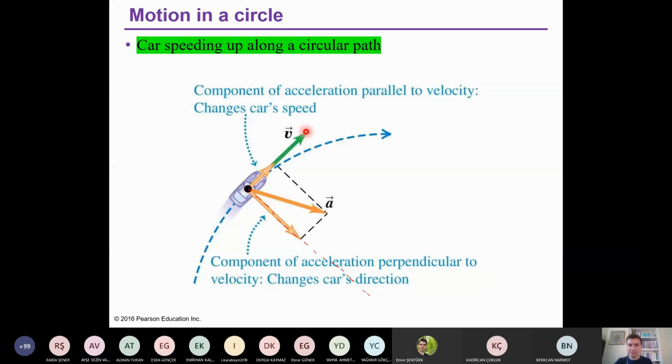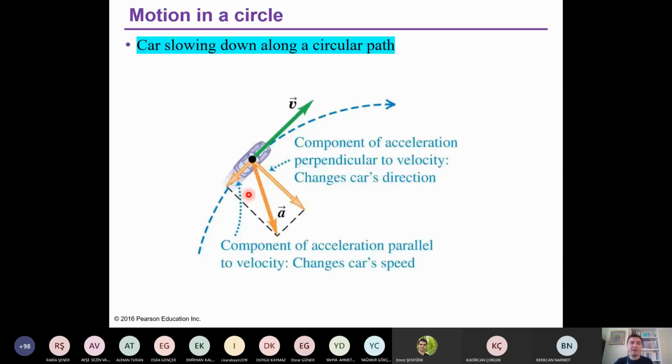And here we have another component, the component of acceleration perpendicular to velocity. This changes the car's direction. The velocity direction always changes due to this component of the acceleration. Do you have any question here?